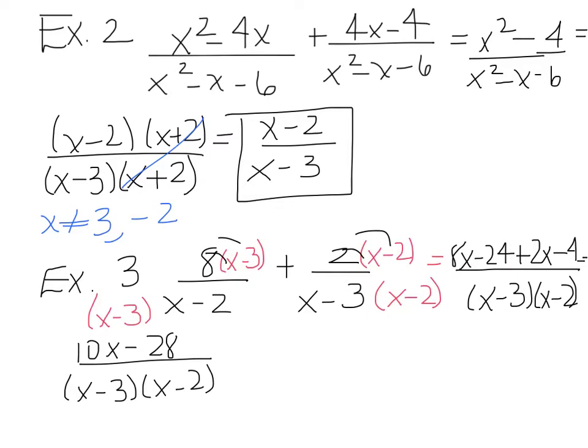Now, you always want to make sure that you simplify if you can, just to see if you can factor it out. Don't forget to write your exclusions. x cannot equal 3 or 2.